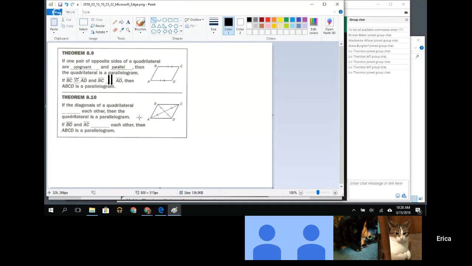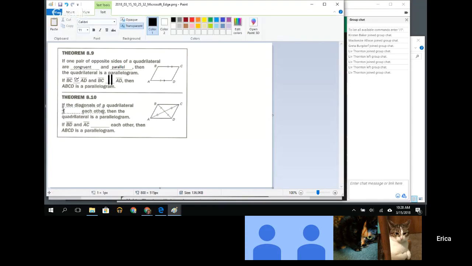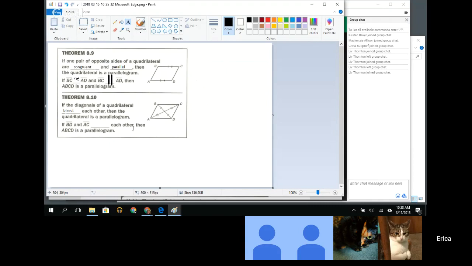And then theorem 8.10 says, and this one's kind of the opposite of 8.6, if the diagonals of a quadrilateral bisect each other, then the quadrilateral is a parallelogram.